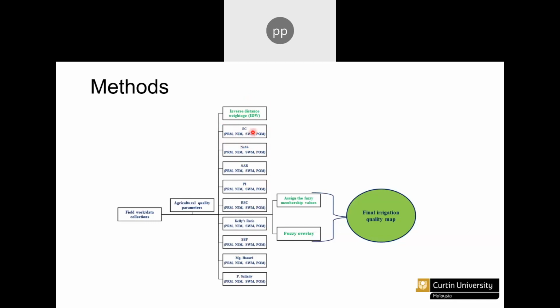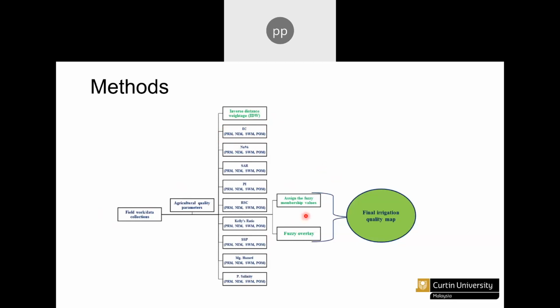For each parameter, they produced spatial maps with respect to the seasons, because the samples were collected in four different seasons: pre-monsoon, post-monsoon, northeast monsoon, and southwest monsoon, since they wanted to identify the spatial and temporal variation of water quality. After they produced the maps for the individual indices, they used a fuzzy logic technique.